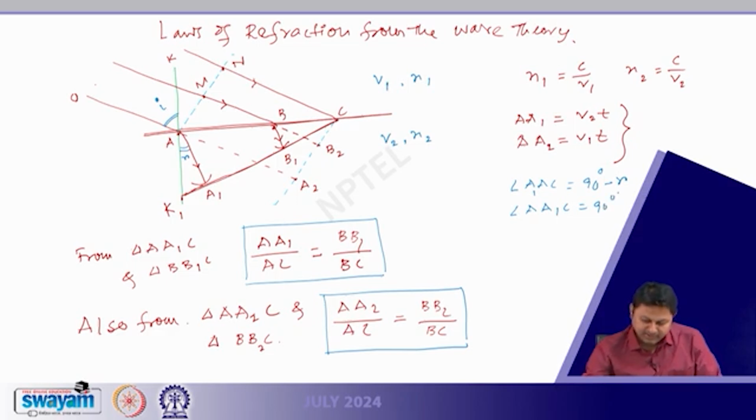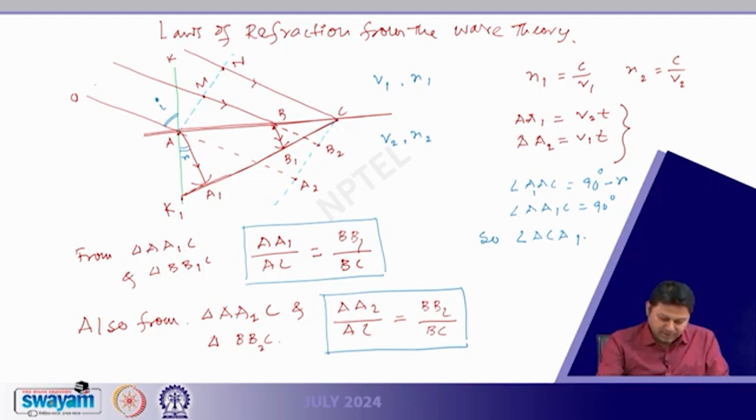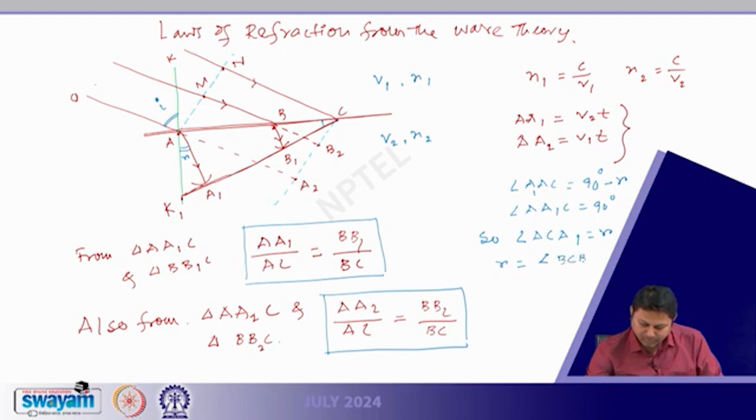So, if that is the case, then angle A C A1, I am talking about this angle, should be equal to R, and that is equal to angle BC B1.